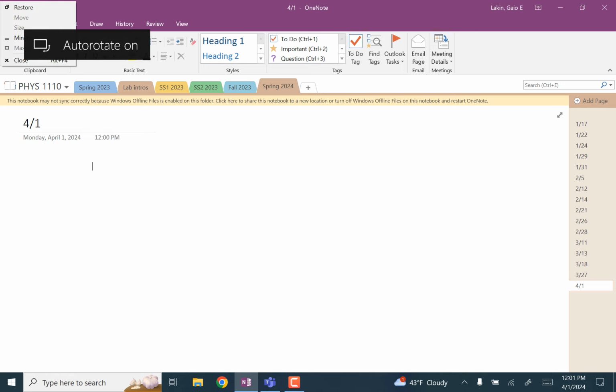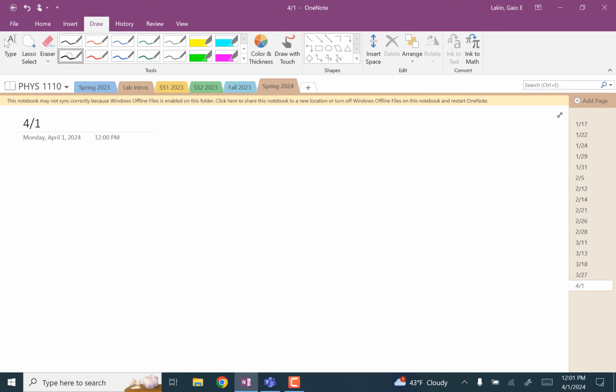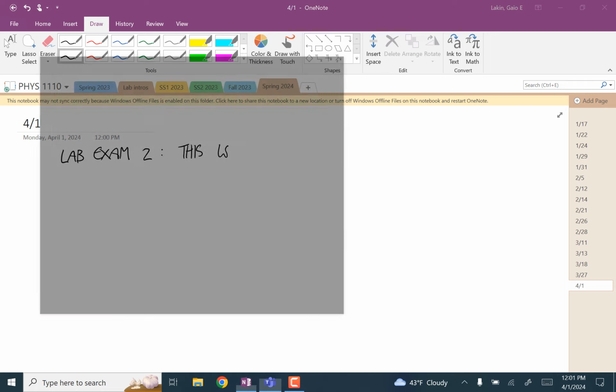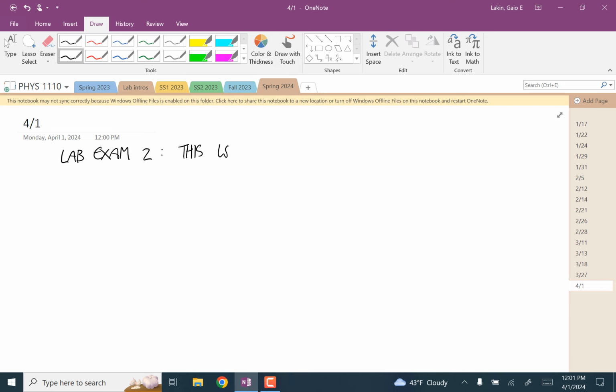So before I get into physics material, here's the stuff going on this week. Lab exam 2 is this week in lab. And lecture quiz 2 is on Wednesday at the end of class.